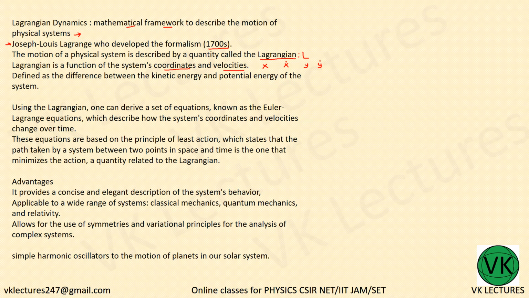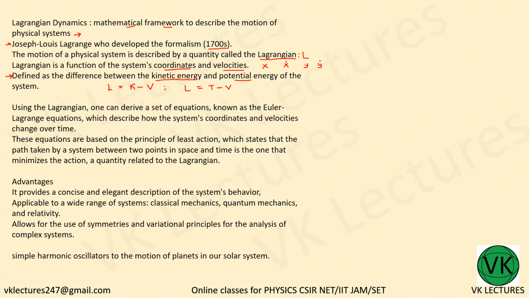Now, usually the Lagrangian is defined as the difference between the kinetic energy and the potential energy. So L we can write as the kinetic energy K minus the potential energy V. Or sometimes the kinetic energy is represented as T, so you can also write L is equal to T minus V, where T is the kinetic energy and V is the potential energy.